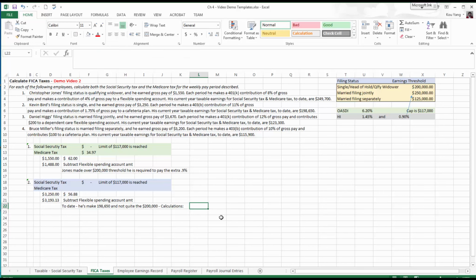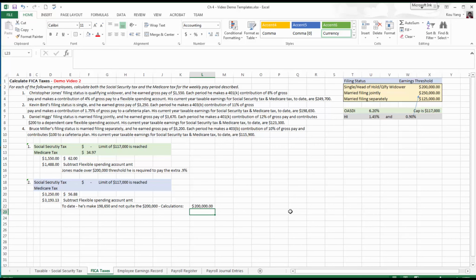Right, so the calculations, I'm going to take $200,000 and I'm going to subtract what he's made so far, or what he needs to be able to reach that $200,000.